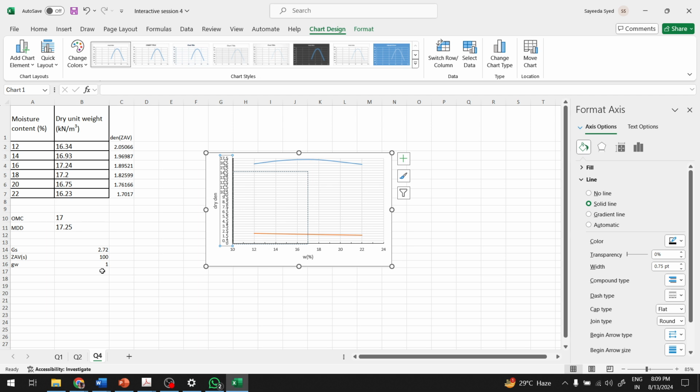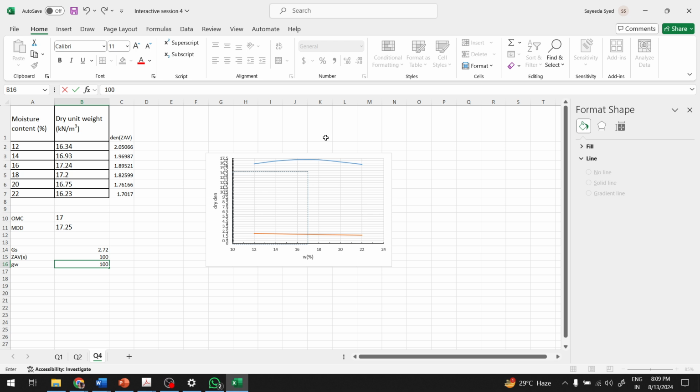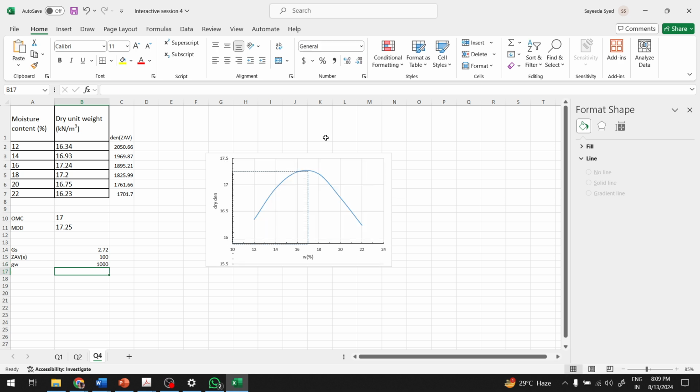Because this is in kilonewton per meter cube, I cannot take 1. I have to take 1000. Not 1000, 10. Sorry.